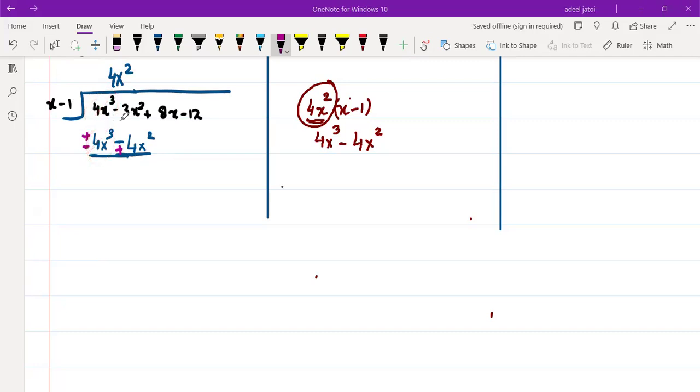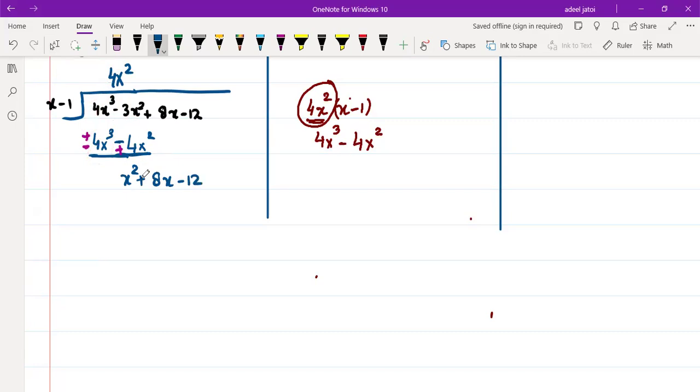So what are you left with? Minus 3x squared plus 4x squared is basically x squared. So we write this down as x squared, and the remainder follows as 8x minus 12.